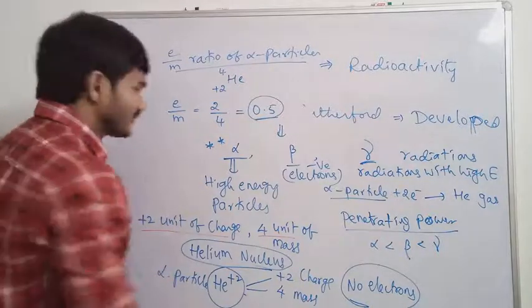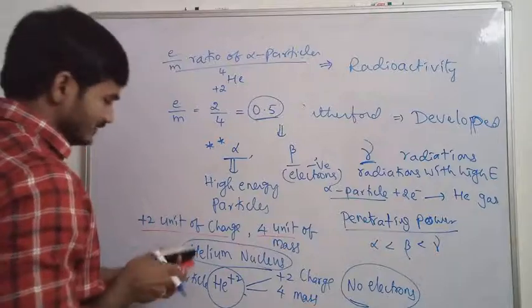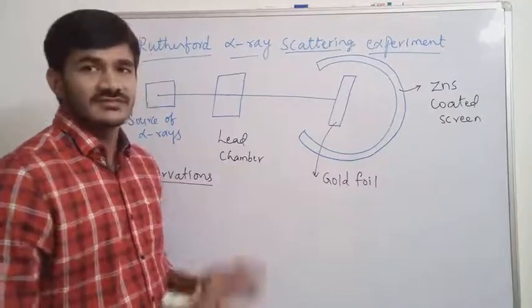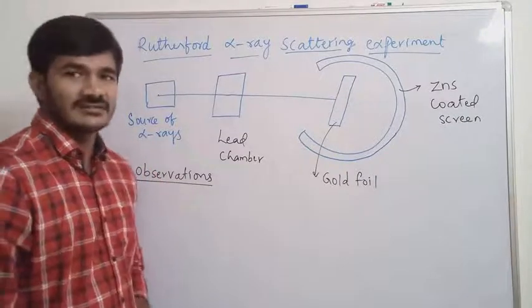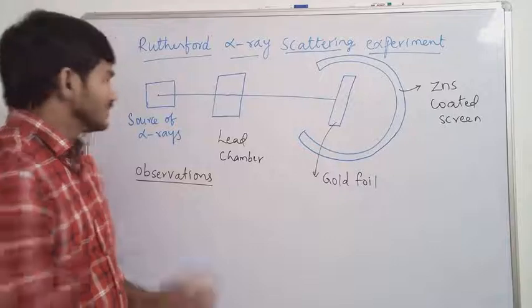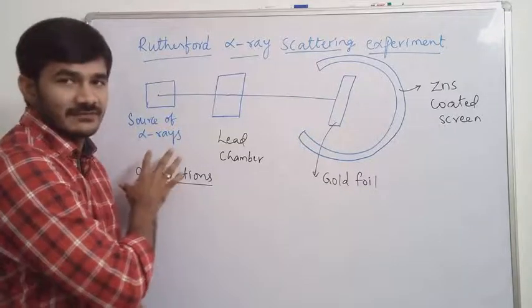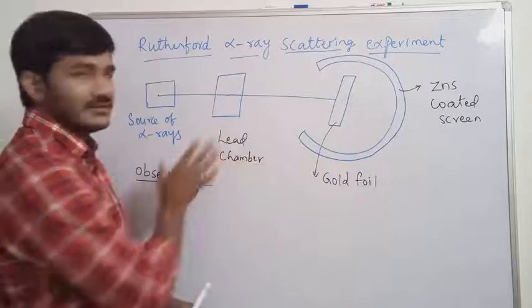Next, let us see the experiment, that is, the Rutherford alpha ray scattering experiment. How he conducted the experiment. So this is the experiment. This is the source of alpha rays or alpha particles; from this, alpha particles are generated. This is one lead chamber.